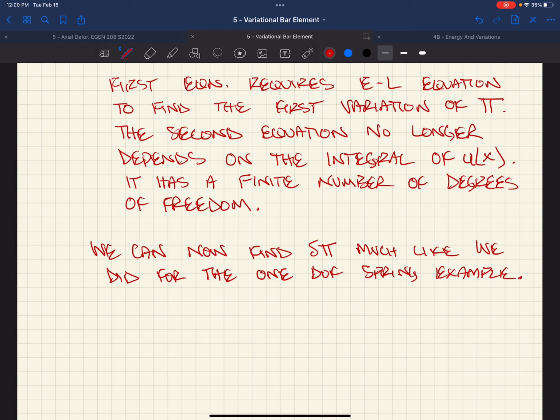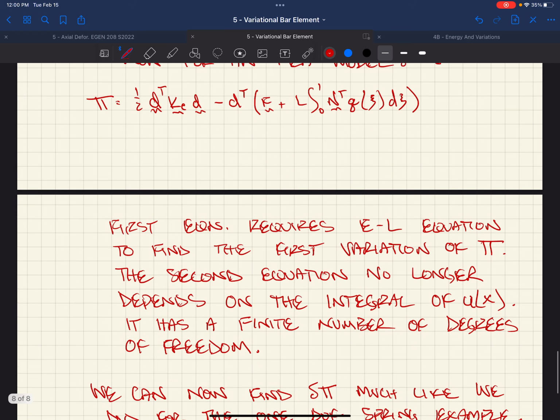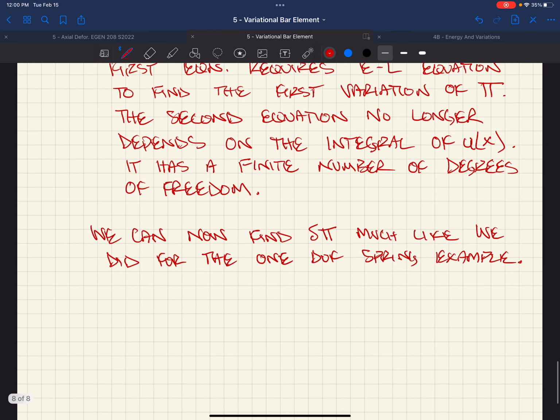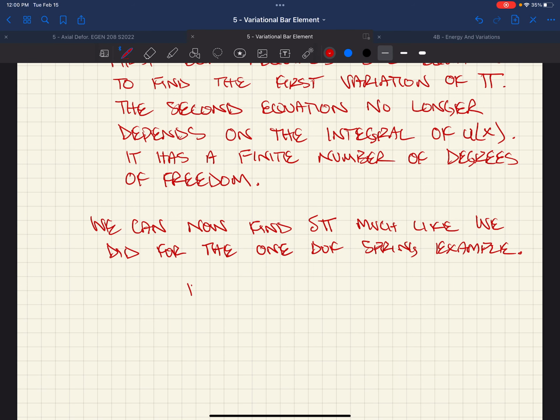So we essentially look at what happens when we add in a unit displacement, an arbitrary displacement. We're going to say that our total potential energy is 1/2 d transpose k sub e times d, minus d transpose now times, we're going to simplify this and say f sub e.